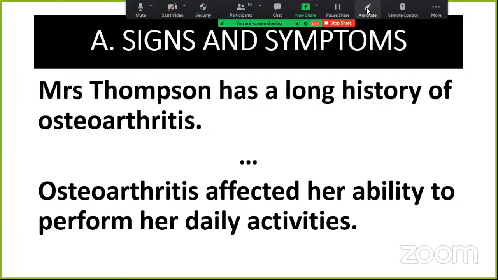Got it? History means past, not present, right? So past medical history means past of past. That is what it is spelled. So avoid using past. Okay.